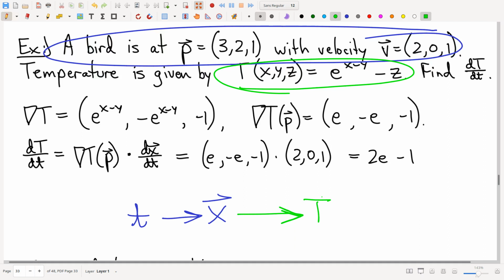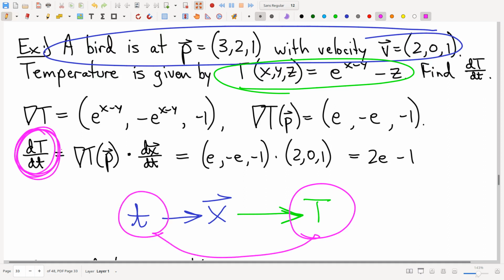If you want to know the derivative of this composition, temperature thought of as a function of time, and how does temperature vary with time, it's just a chain rule problem. The chain rule in this case can be written like this. And so again, it's just a matter of dotting with the gradient vector, and then algebra ensues. You have to take the appropriate partial derivatives to get the gradient, plug in the appropriate point, arithmetic, all that. That's just details. The big picture is we're just dotting with the gradient.